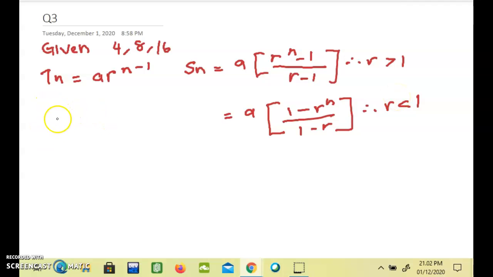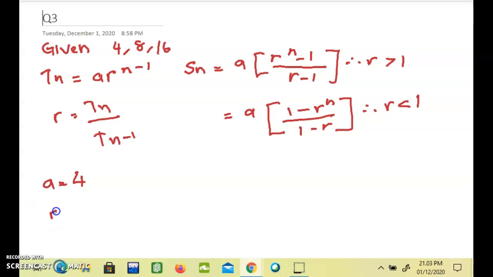Okay, now how to find r? To find r, you can use this. Now let's see how to solve this question. We are going to find the r for this. The a for this question will be 4.